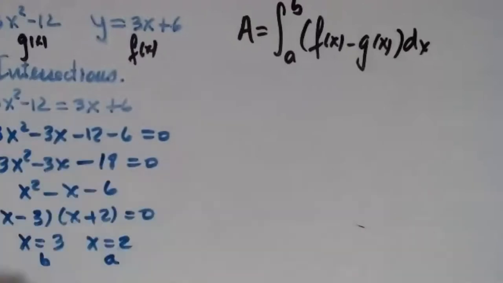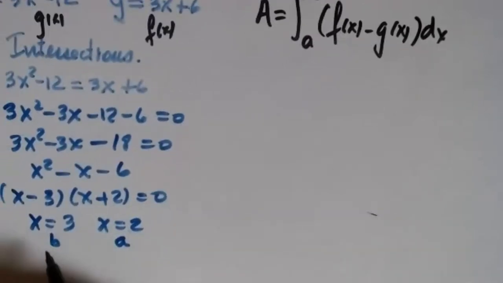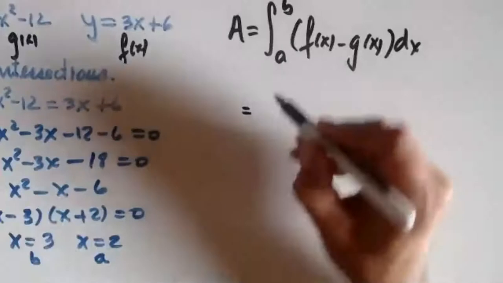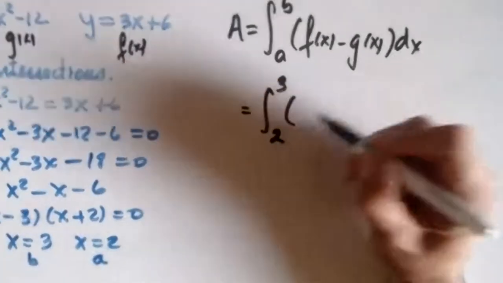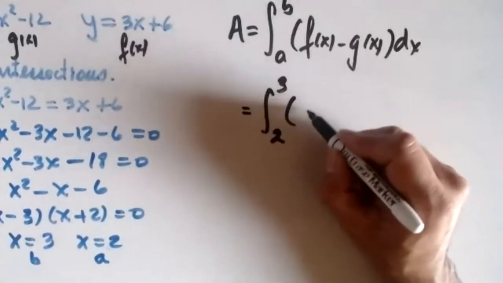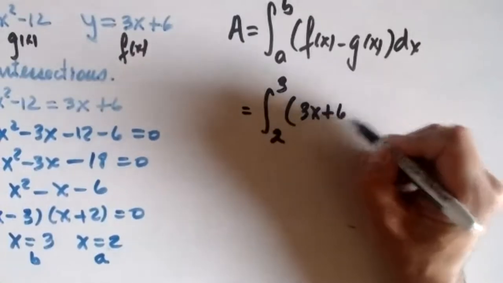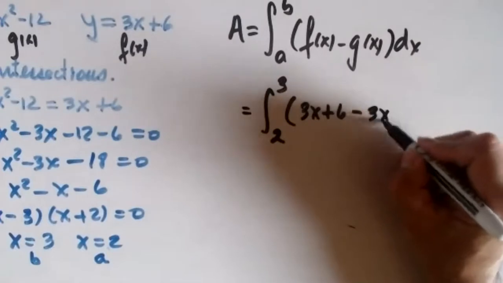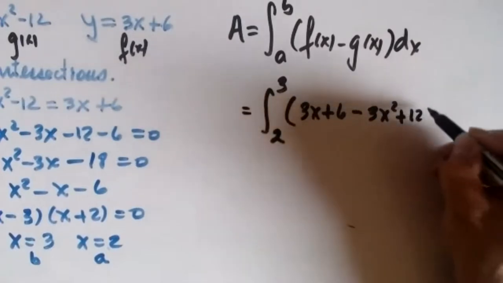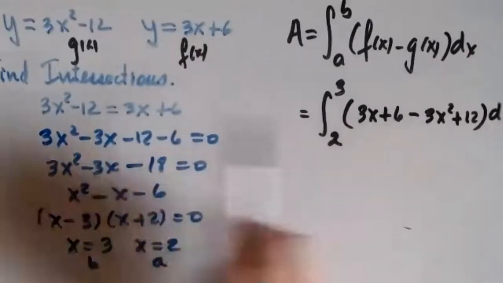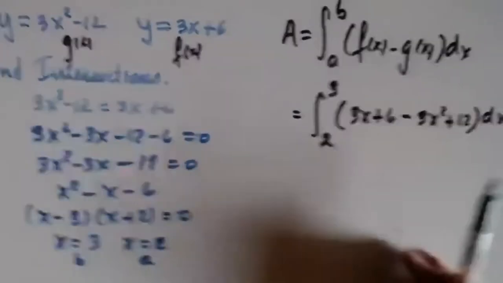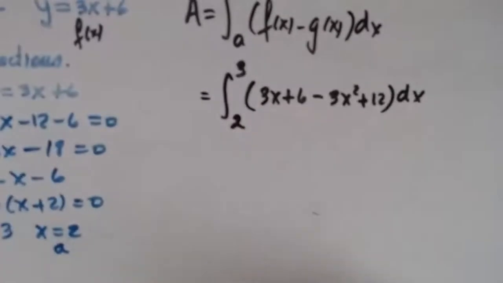And well, a is 2, b is 3, so what we only have to do is the integral from 2 to 3 of, I'm going to write it, 3x plus 6 minus 3x squared plus 12. Okay, be careful, this minus is going to change this and this. That's why I have minus and plus.